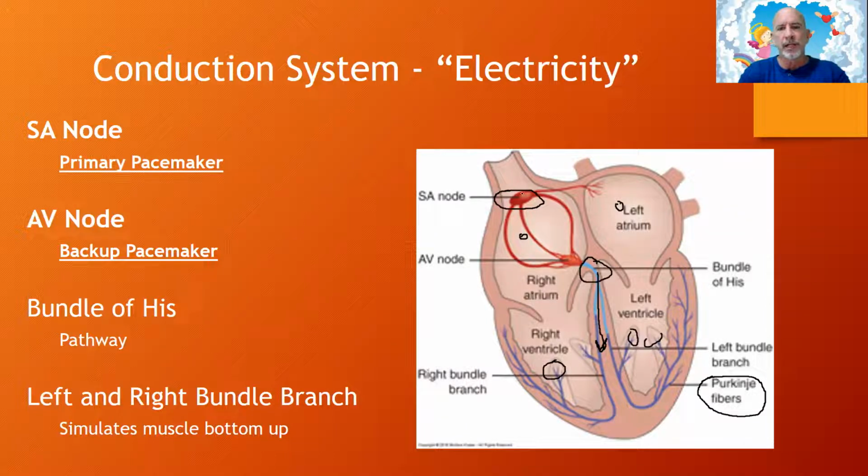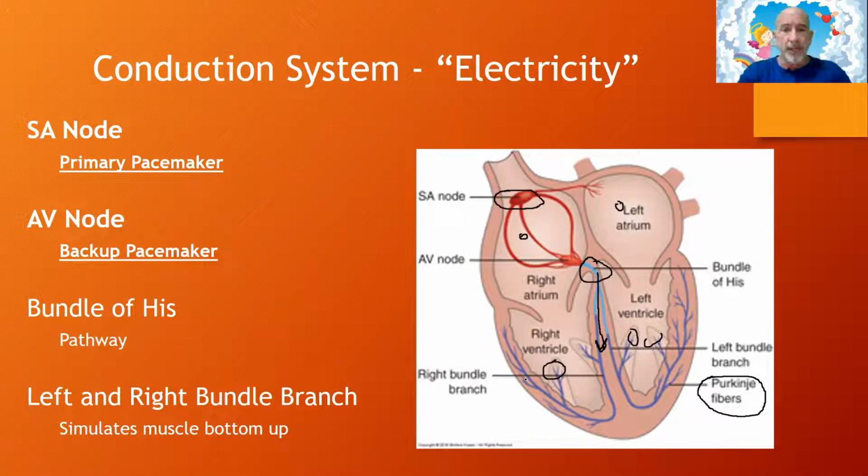So it goes from the SA node to the atrium contracts, then it goes to the AV node, through the AV node, down the bundle of His into the Purkinje fibers. There's a branch that goes to the left called the left bundle branch that goes to the left ventricle.